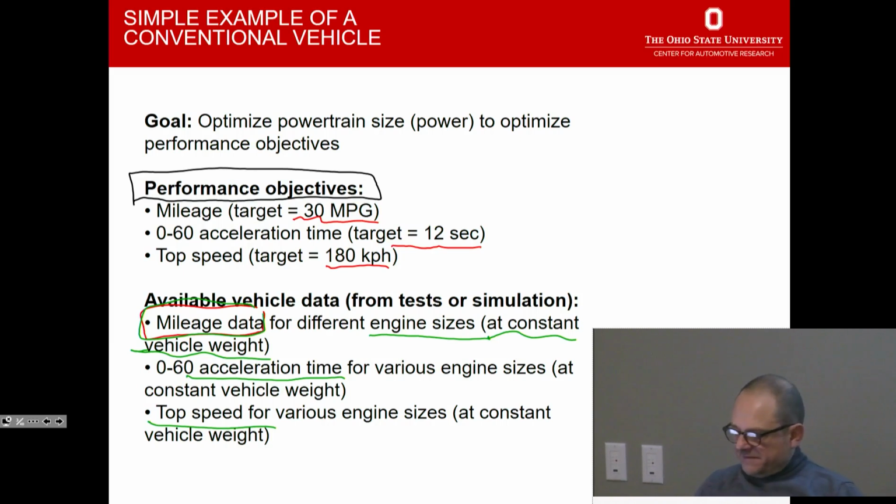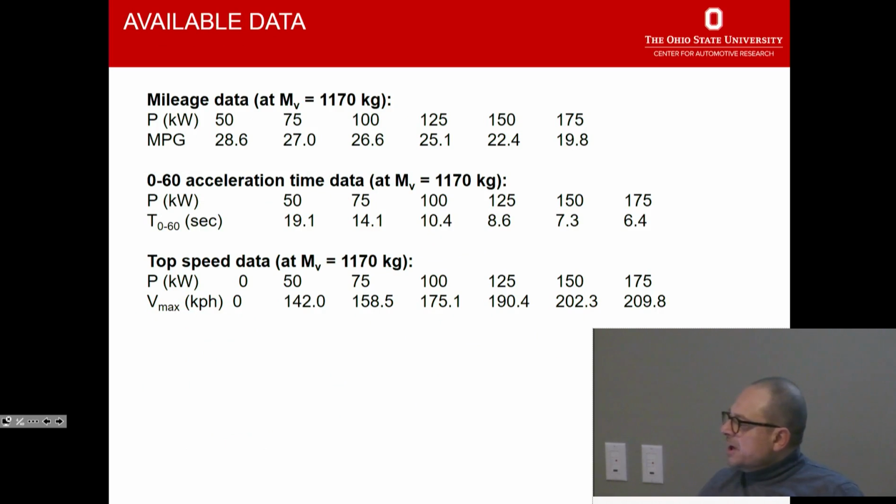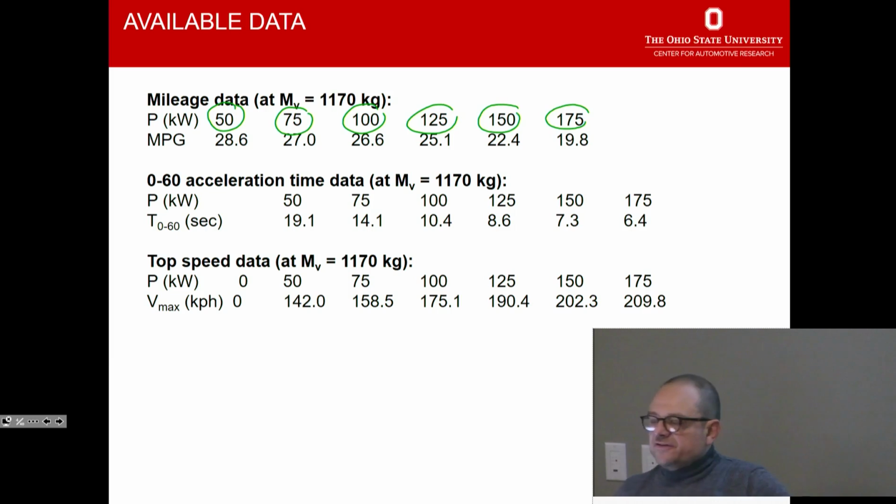So I have some data that tells me that for a vehicle mass of 1,170 kilograms, I have 6 different engine sizes that go from 50 to 175 kilowatts. And for those, I can see that I have fuel economy that goes from 20 to 29 miles per gallon.